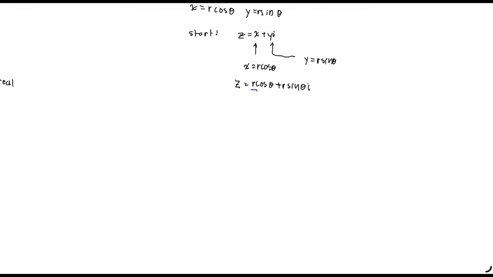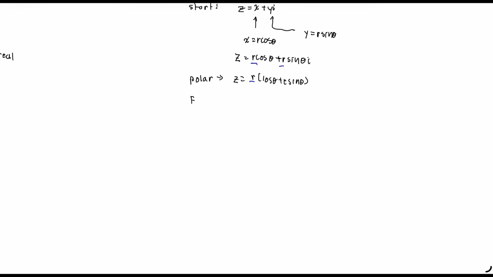Now we see we have an r, so we can factor that out, and we're left with cosine theta plus i sine theta for z. Now this is in our polar form.